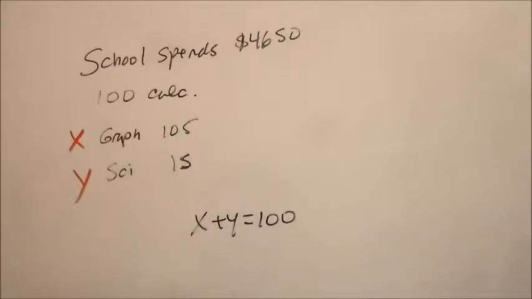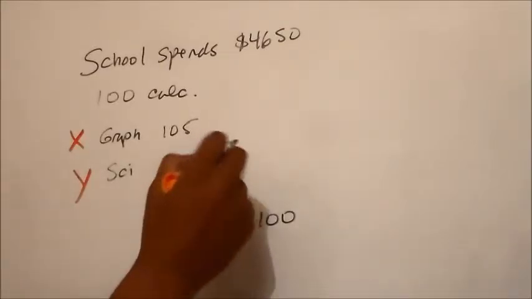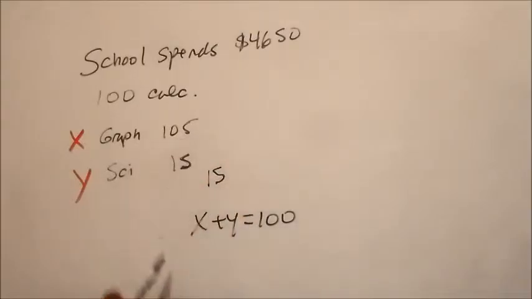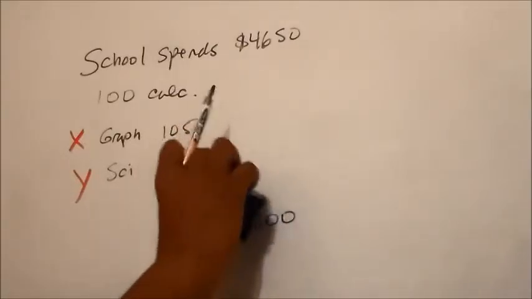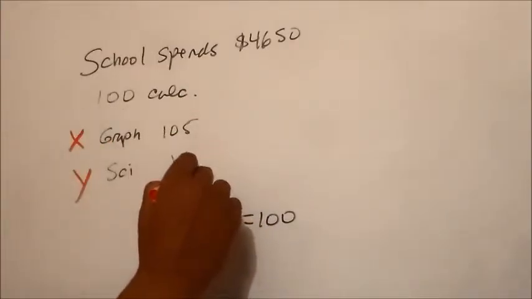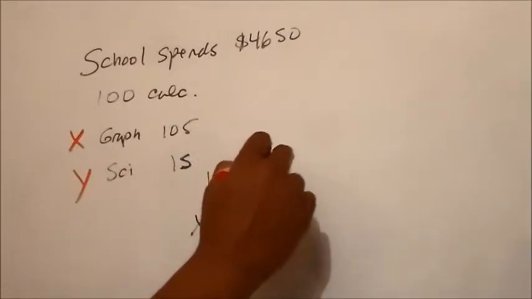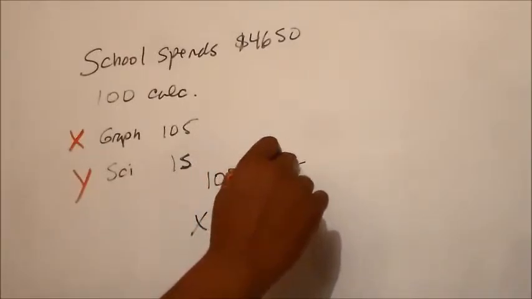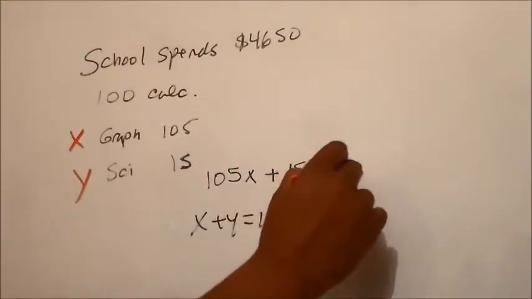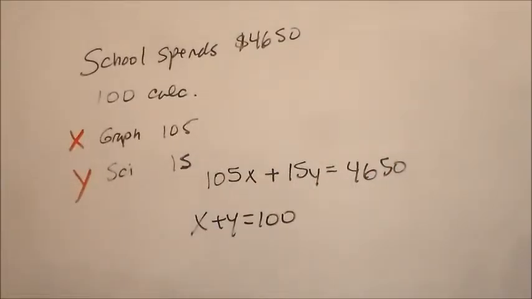So 105, because x is the graphing calculator, so the graphing calculators are $105 each, plus the scientific calculators are $15 each, equals $4,650. All right, that's how you set it up.